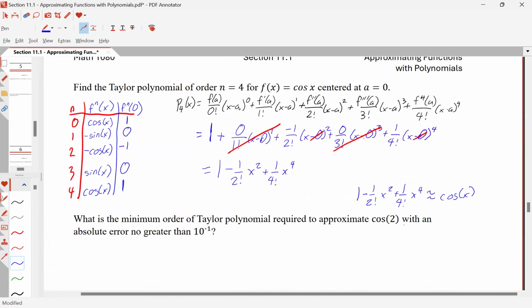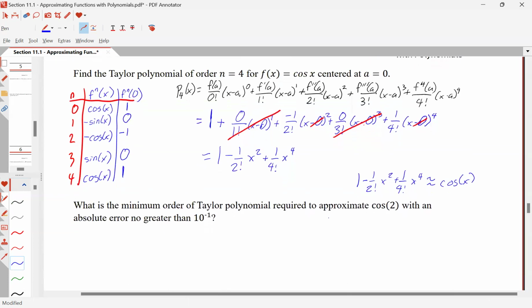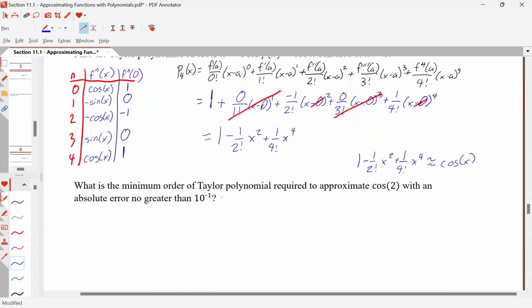Now, what is the minimum order of Taylor polynomial required to approximate cosine 2 with an absolute error no greater than 10 to the negative 1, or 1/10? We know that the absolute value of our remainder is less than or equal to M times the absolute value of x minus a to the n plus 1, all over n plus 1 factorial.